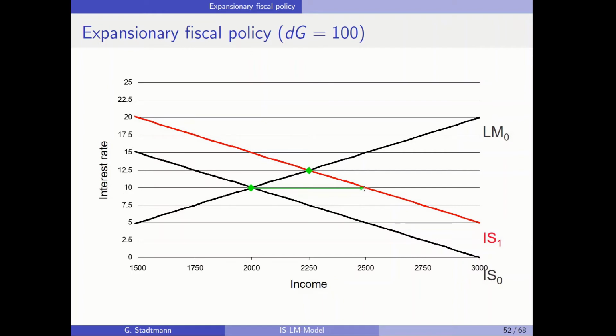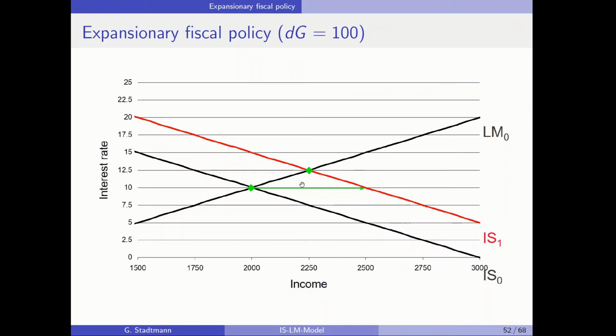So the multiplier in this case will only equal 2.5. Why is that? Why is an increase in government spending in this environment less effective in increasing GDP? The reason is that in this environment, the interest rate increases, and this affects the demand for investment goods. Demand for investment goods is lower than before, and hence this expansionary effect will be to some extent dampened.